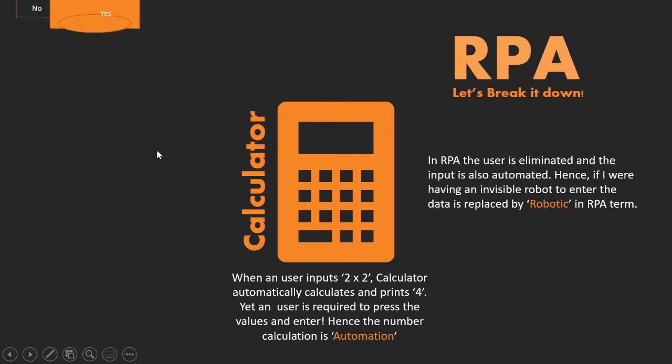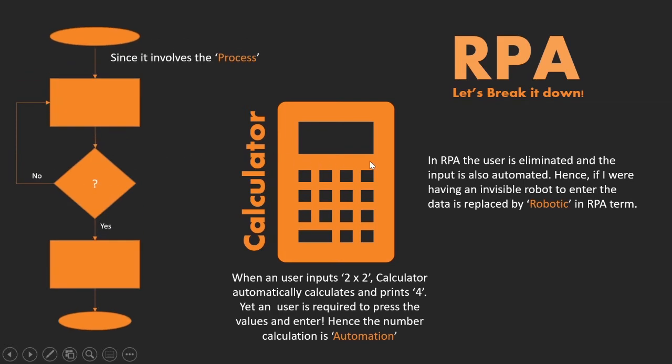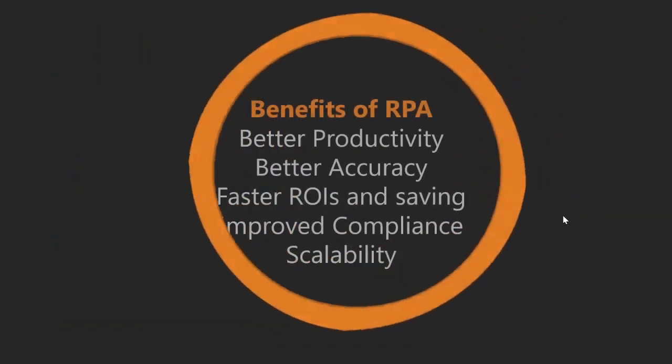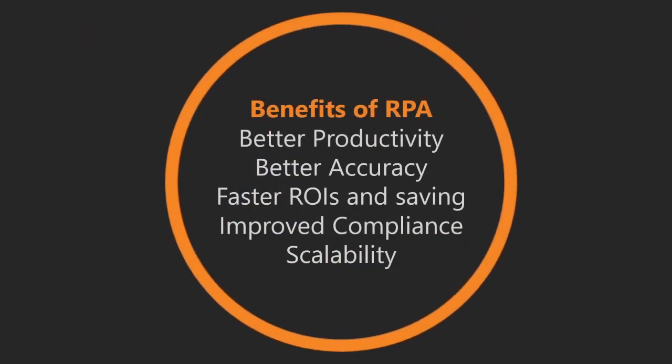And since it involves a process, that makes it robotic process automation. That's the definition of RPA. Now, the benefits of RPA, as observed over the last couple of years since it has picked up speed: better productivity, better accuracy, better ROI and savings, improved compliance, and scalability.